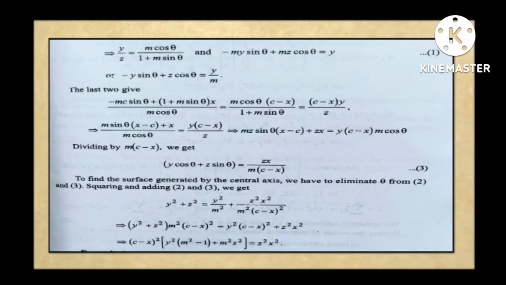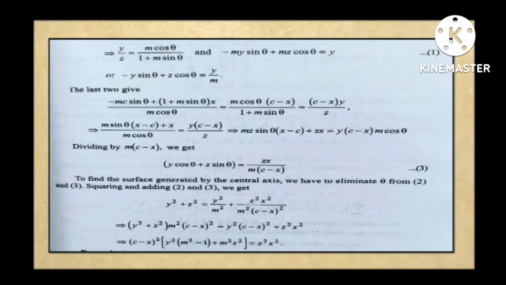Now squaring and adding equations 2 and 3, we get y square plus z square equals y square upon m square plus z square x square whole upon m square into c minus x the whole square. This implies y square plus z square into m square into c minus x whole square equals y square into c minus x whole square plus z square into x square.